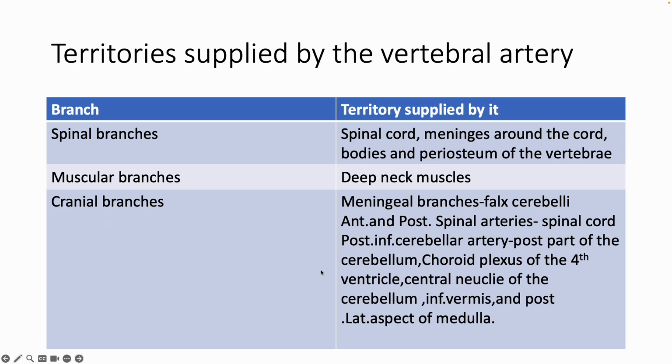It is part of the cerebellum, but it supplies the posterior part of the cerebellum. Choroidal plexus of the fourth ventricle, central nuclei of the cerebellum, inferior vermis, and posterolateral aspect of the medulla.